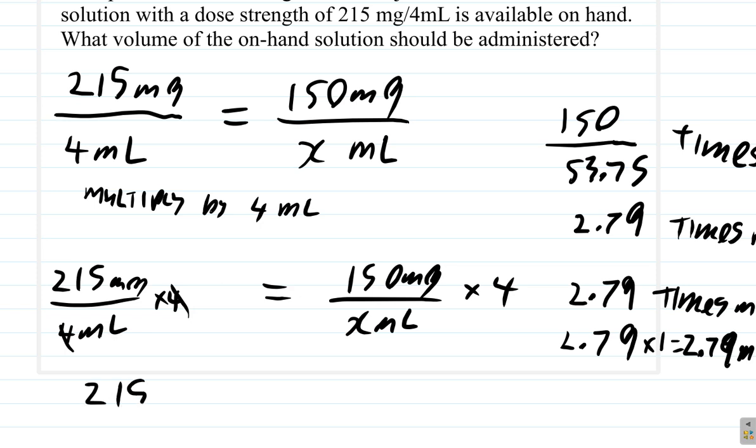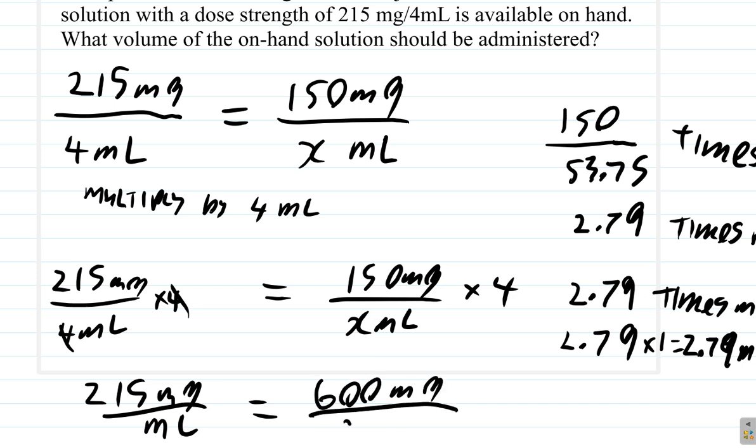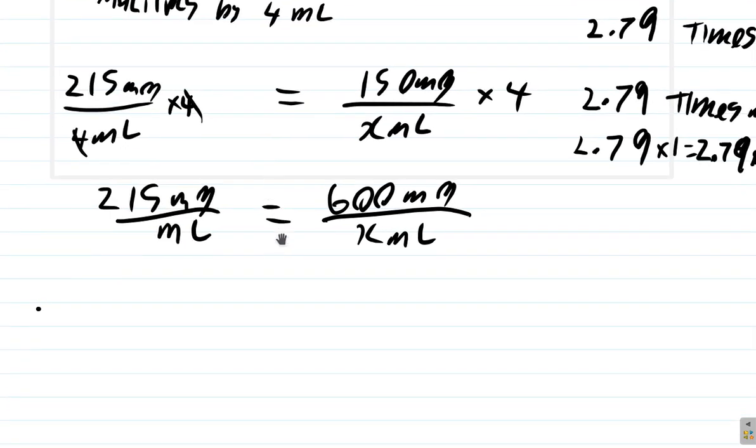We have 215 milligrams per milliliter equals 150 by 4, which is what? 15 times 4 is 60. 600 milligrams per X milliliters. I just multiply both sides by 4. I'm not going to interfere with the units. I just make the units remain, the milliliter and the milligram.